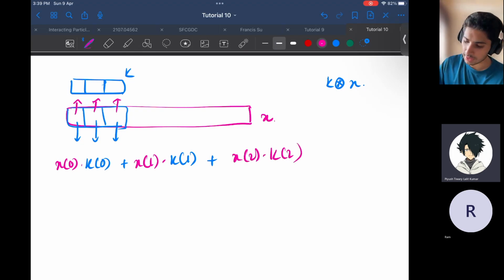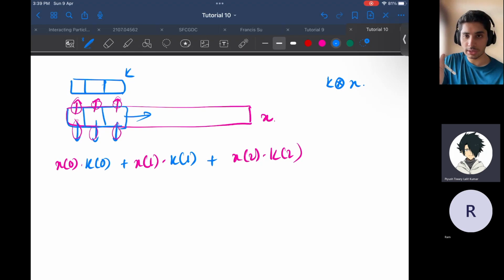So you just multiply these two values, this pink value and this blue value, and after multiplying them, add them. Now you apply this operation by moving this kernel to the right, like taking a window and moving it towards the right. This is one output.